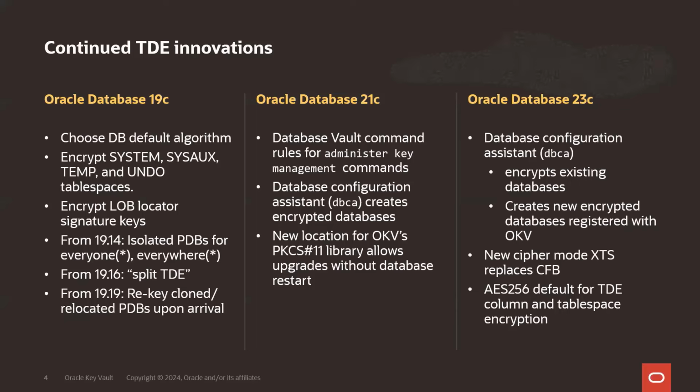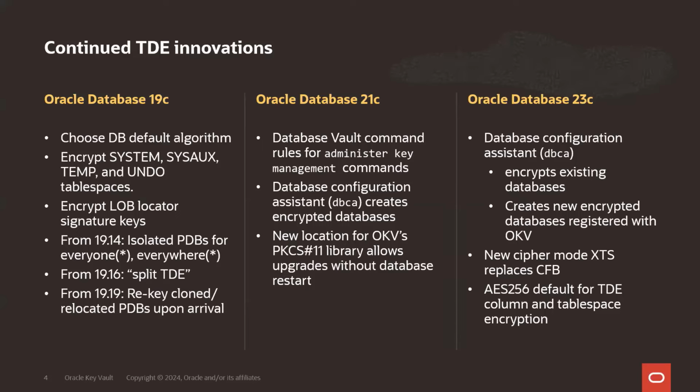So database releases before 21c need a database restart. When we upgrade the OKV client and we give you a new PKCS11 library, that library is only loaded when the database starts. In 21c and of course in 23c, there is a parameter that allows you to dynamically load the PKCS11 library after it has been upgraded.